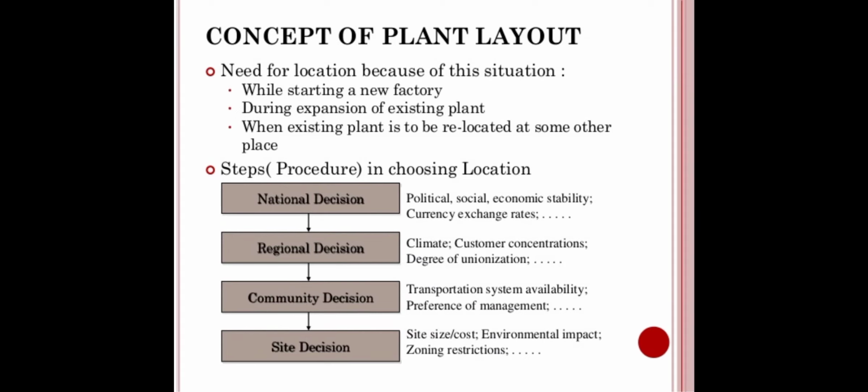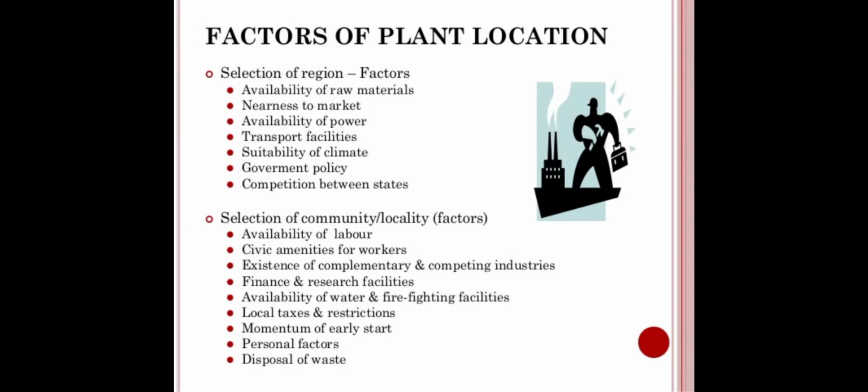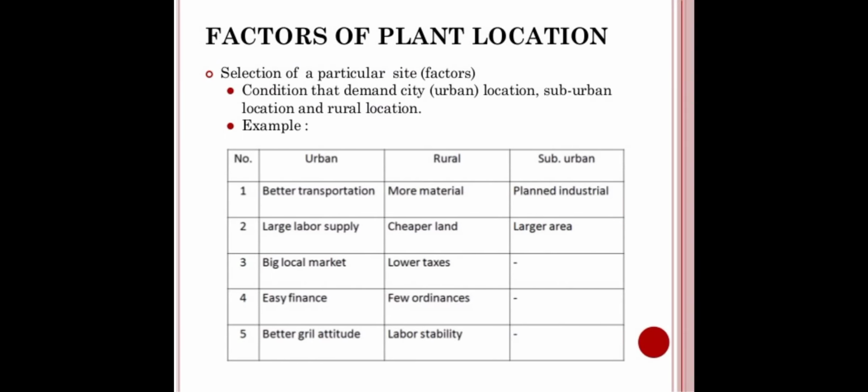After studying all the factors in detail, and by making a report for each and every factor, whether it is the availability of raw material or market, so a detailed report on each factor, and after that putting all the detailed reports, findings or data into the models, then only can plant location selection be done.